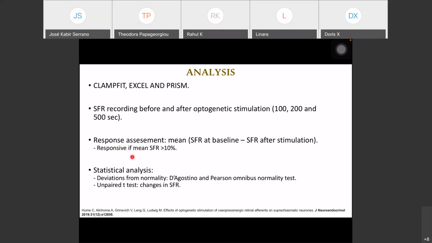It was a responsive cell if the mean spontaneous firing rate increased by more than 10%. For the statistical analysis, they used the D'Agostino and Pearson omnibus normality test for deviations from normality, and to detect changes in the spontaneous firing rate, they used the paired t-test.